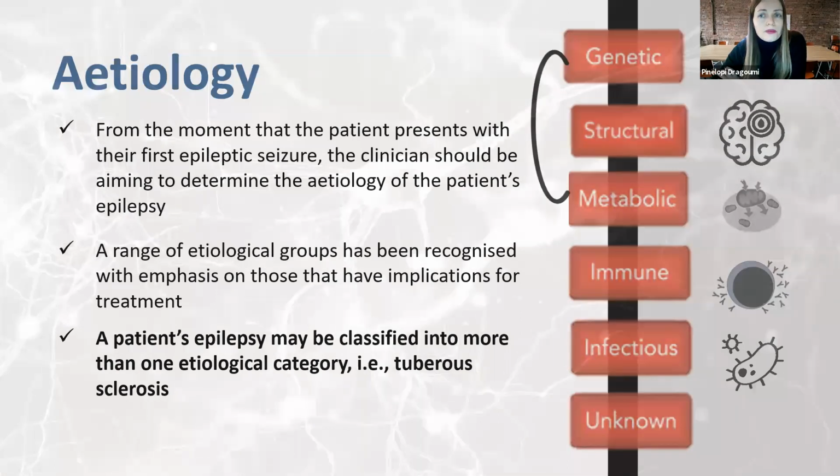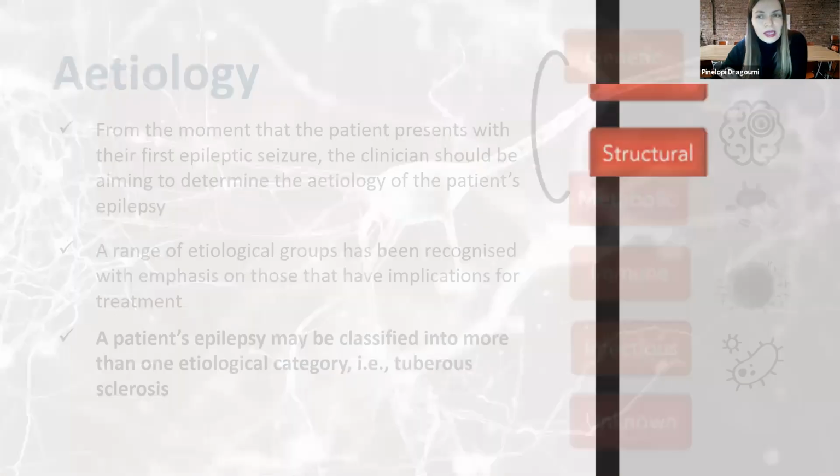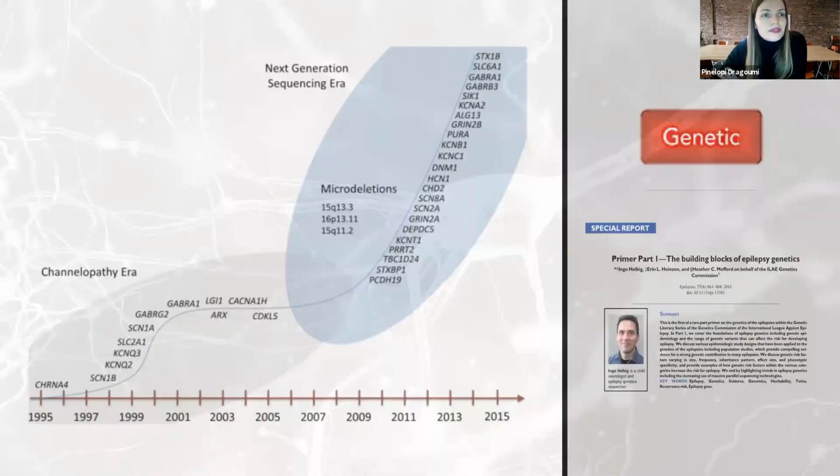And of course, the big breakthrough in the last decades has been the identification of the genetic etiology in epilepsy. It started off with familial cases, and with a recognition of the channelopathies, but now there is an increase in the knowledge of underlying monogenic etiologies, mostly in the severe encephalopathies, epileptic encephalopathies.